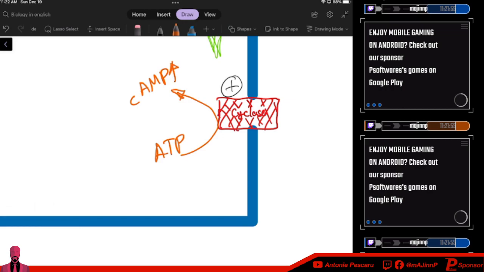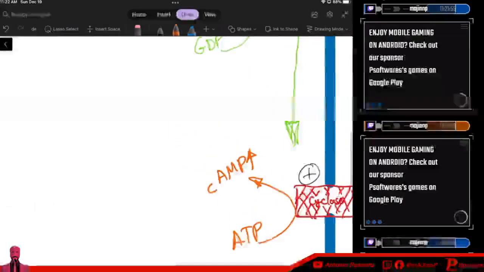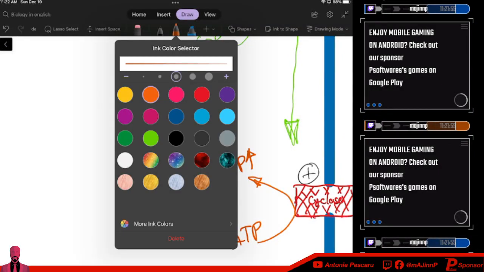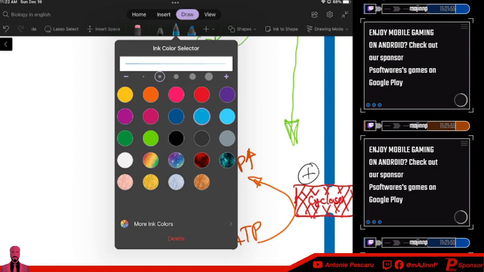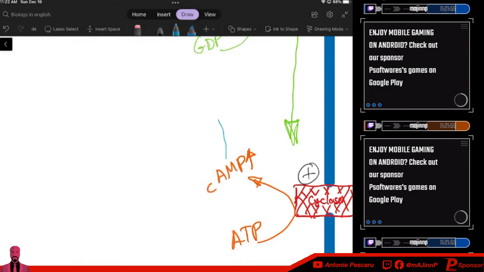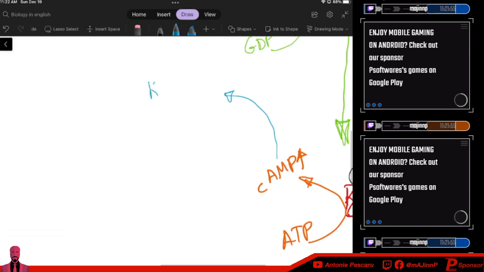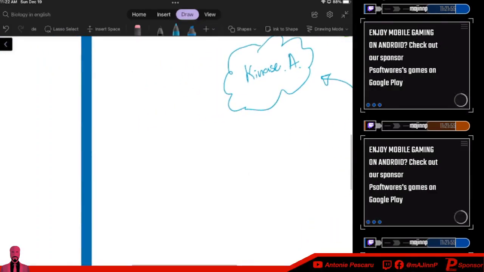It's going to stimulate that secretion. And then our cyclic AMP is going to go stimulate or activate another kinase, but in this case it's called kinase A.